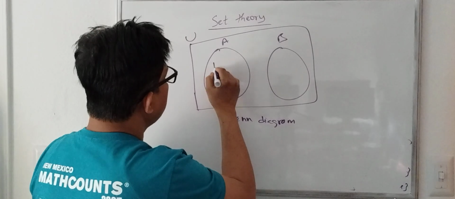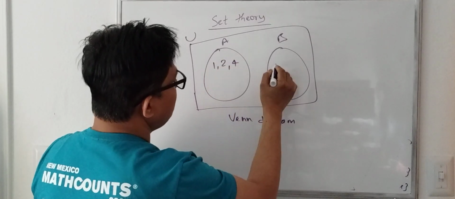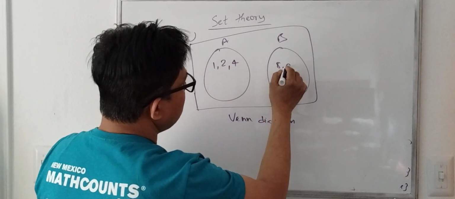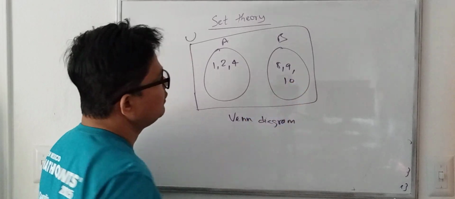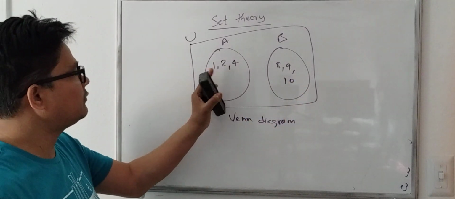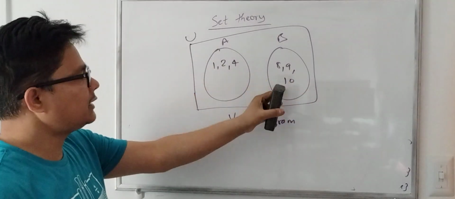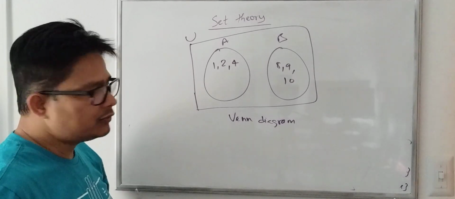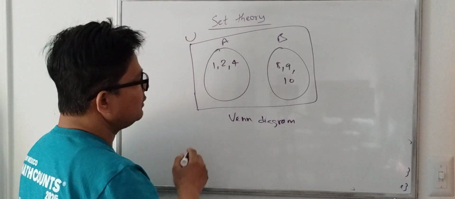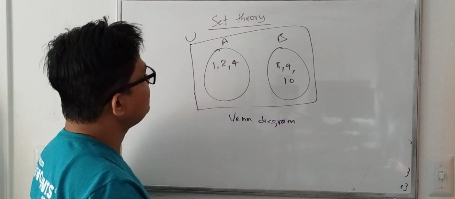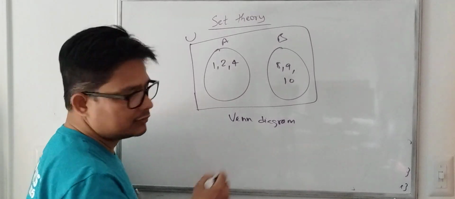Let's say A is 1, 2, 4. B has 8, 9, and 10. Okay? So if A has 1, 2, 4 and B has 8, 9, 10, what do you think? What are the elements in the universal set U?